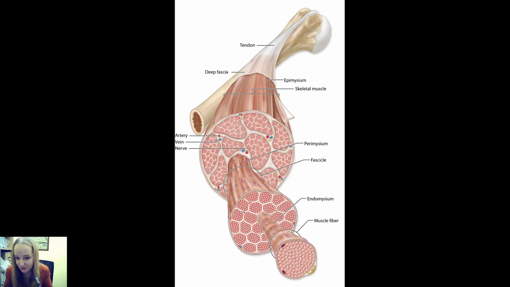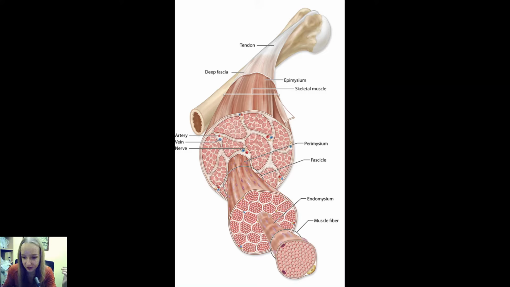We can see muscle fiber as a basic unit that can be seen in light microscopy, which is made of myofibrils right here. Muscle fiber, as we said, has this superficial lamina, and also the muscle fiber has reticular fibers around.